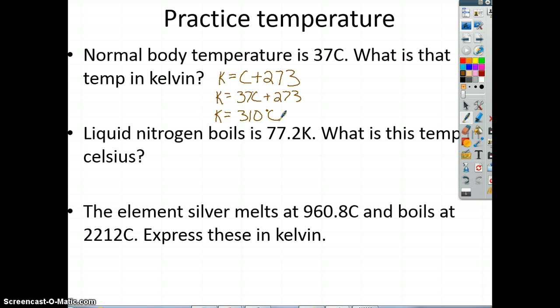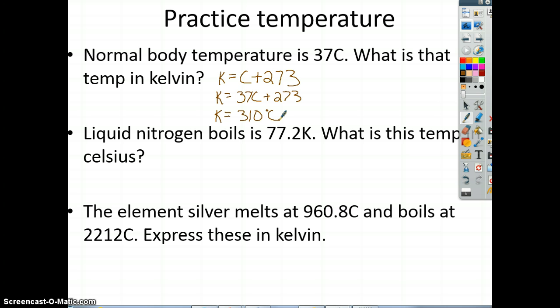Okay. When we use significant digits here, we look at the measured number. 273 is a constant. We don't use that to figure significant digits. We're going to look at the number that was measured, and it was the 37 degrees that was actually measured. So we needed two significant digits there.